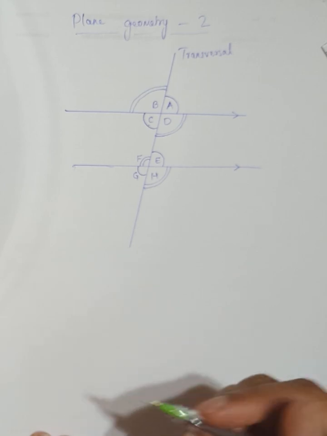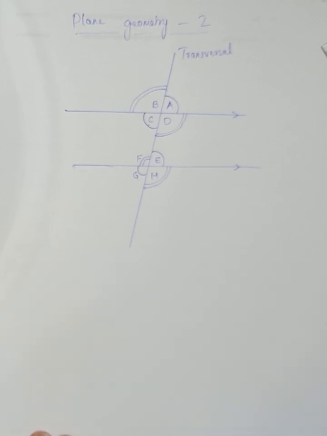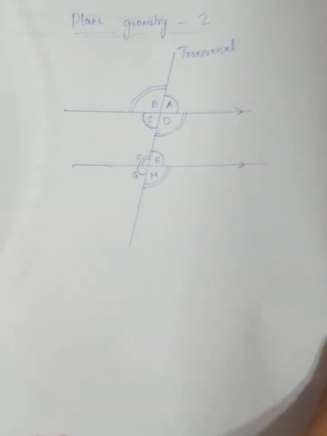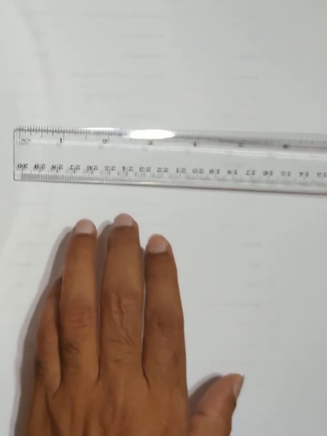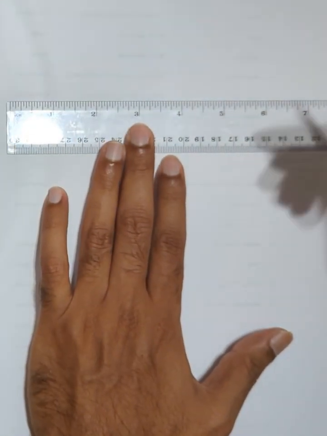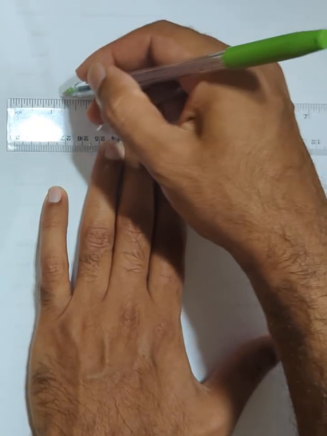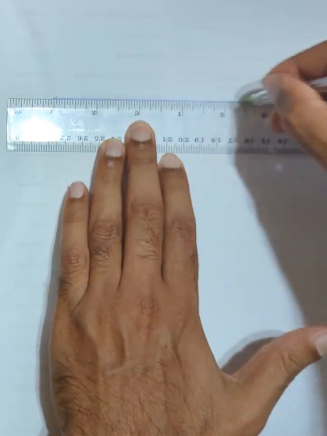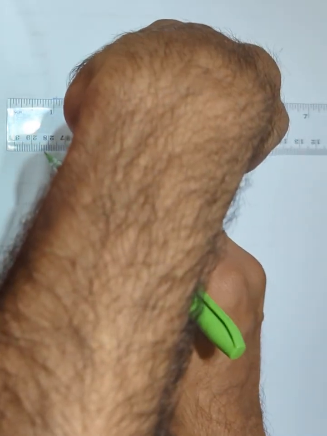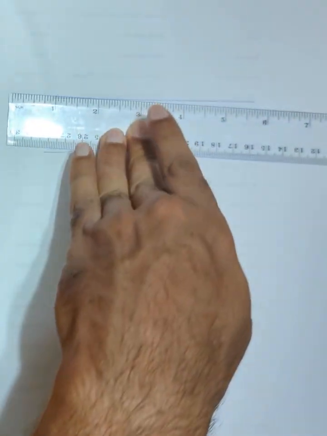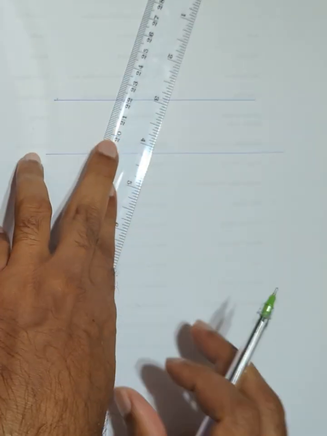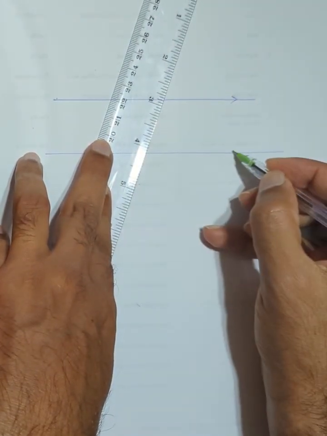Now, some terminology here. So let's go ahead and redraw another set of parallel lines and a transversal, because that picture is already too cluttered. So we have two parallel lines and we are cutting them by a transversal.